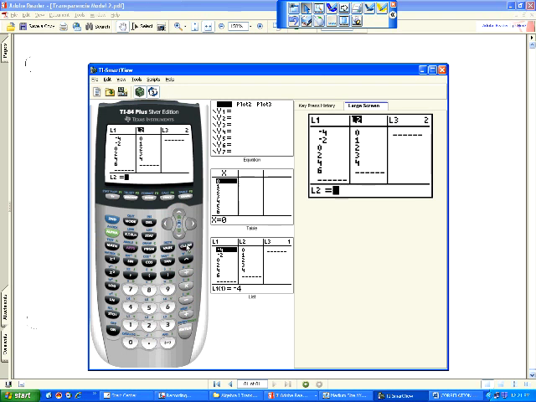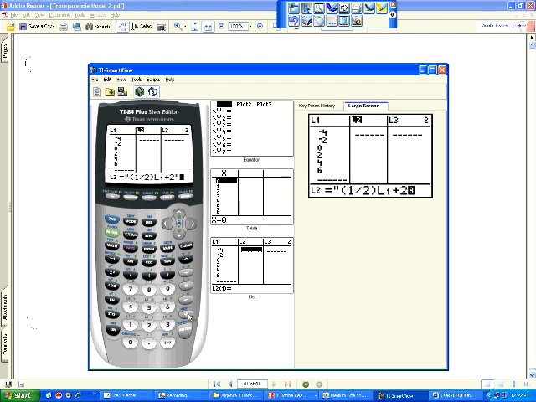I'm going to hit clear and down, and it's going to clear that list out. This time when I put it in, I'm going to hit alpha plus sign, and it's going to put a quote. That's locking the formula in. And then I'm going to do my open, 1, divide, 2, close, L1 plus 2.